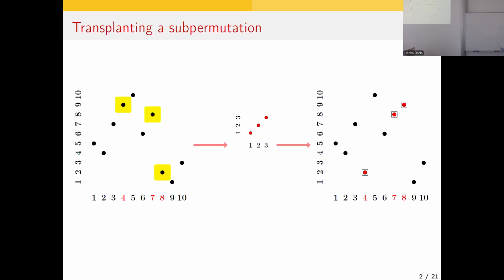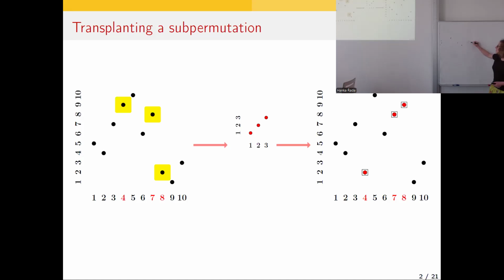So what we do, we have the permutation, and in each step we sample, for example, a triplet of points. We look at which permutation these 3 points induce. So in this example, the points induce this permutation, and we reorder them.